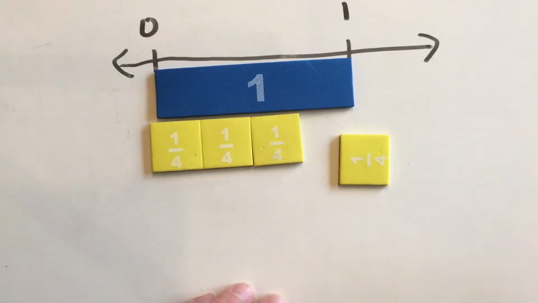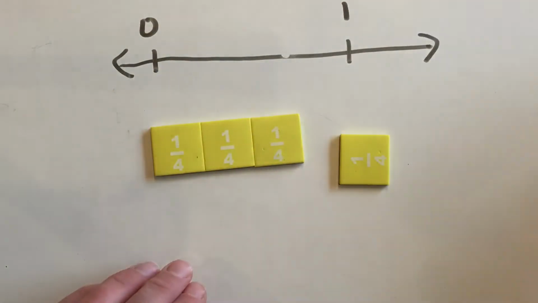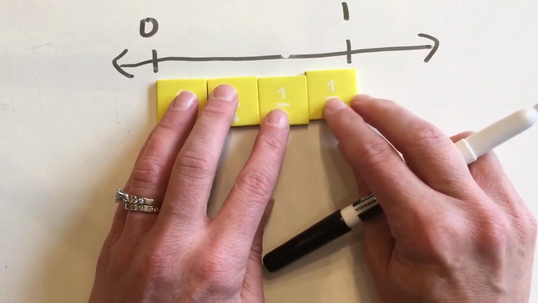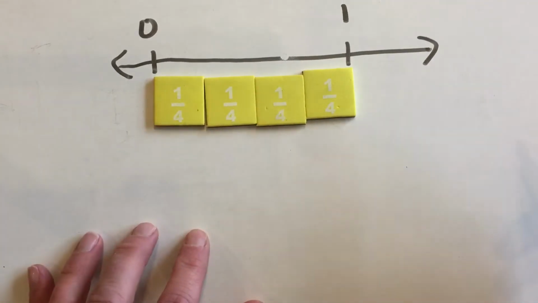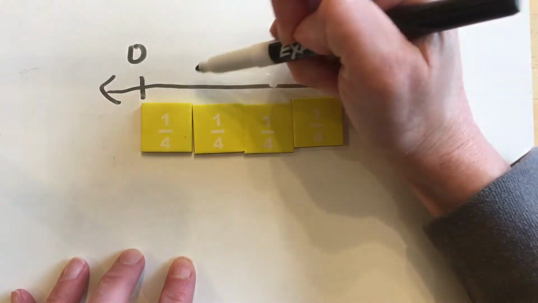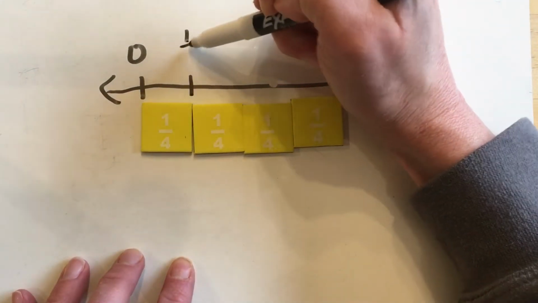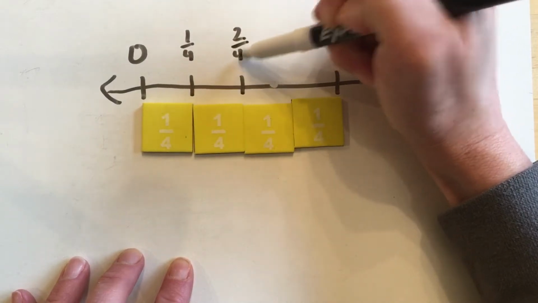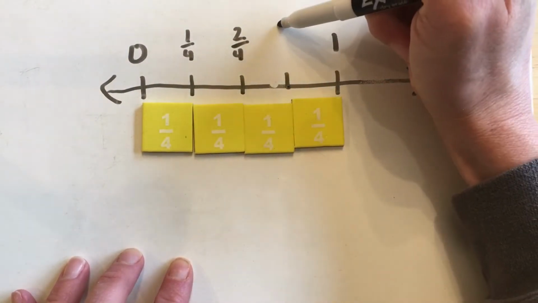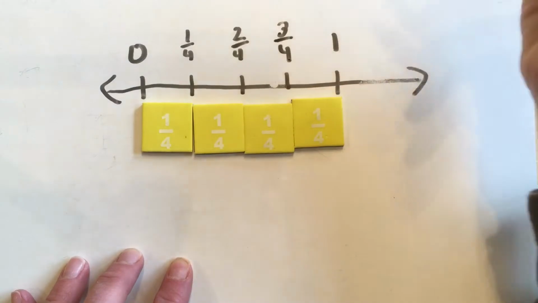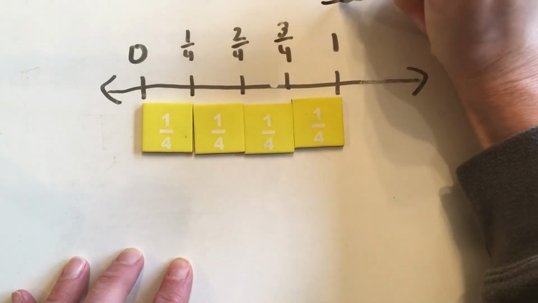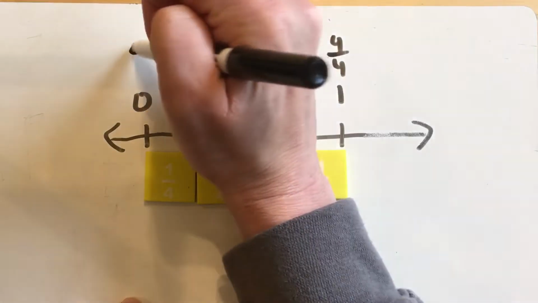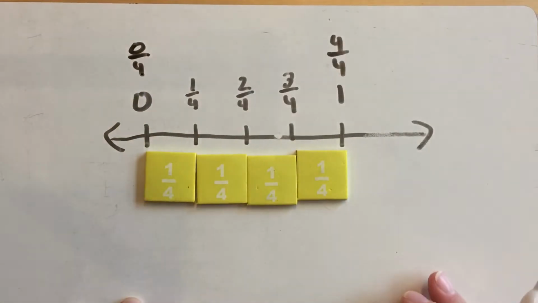And I'm going to move my 1 for a second and just put my fourths up there. So I have 1/4, 2/4, 3/4, and as you know, 4/4 is 1 and 0/4 is 0.